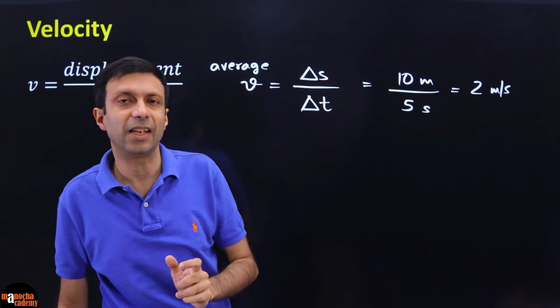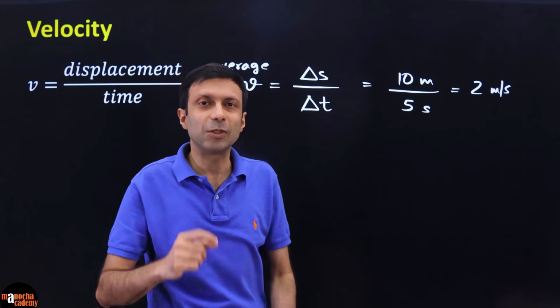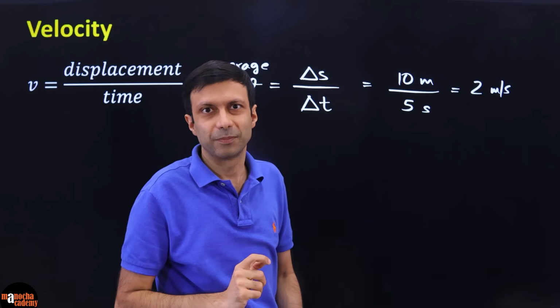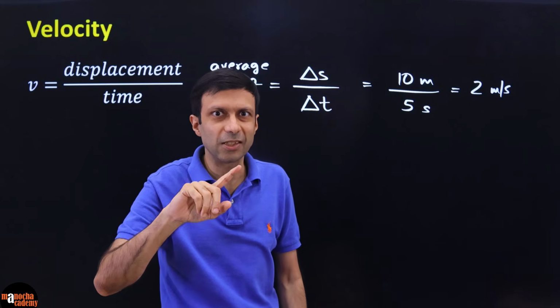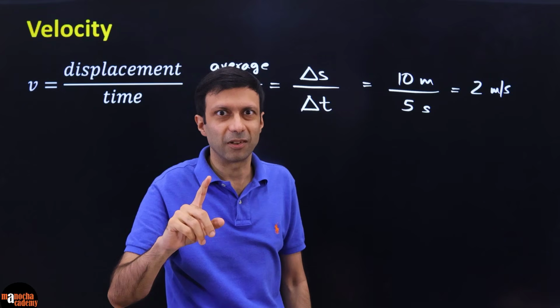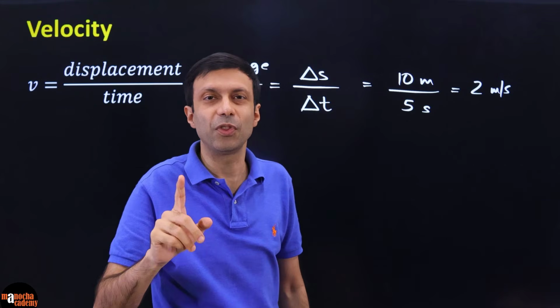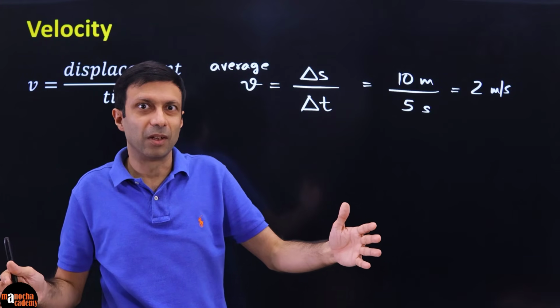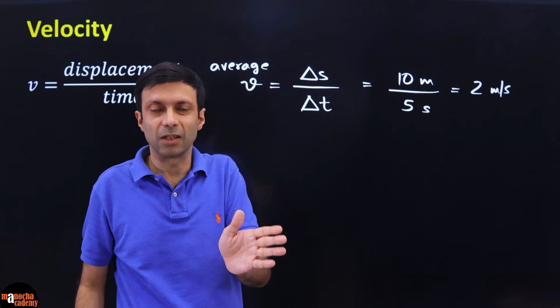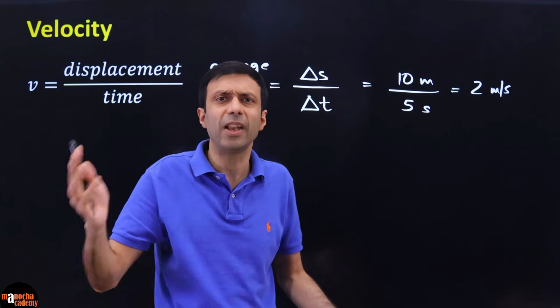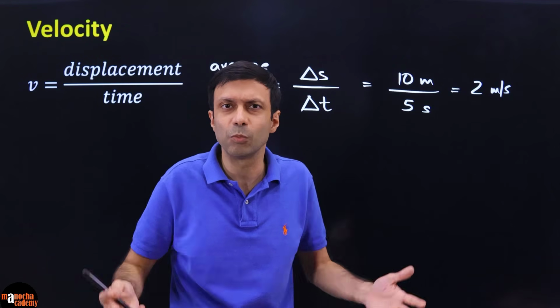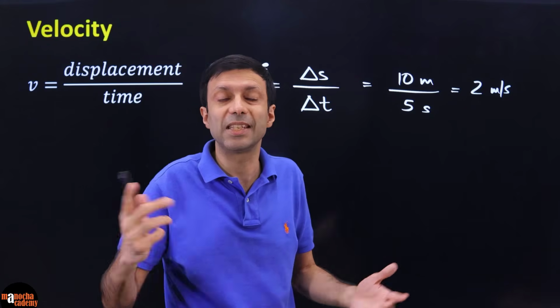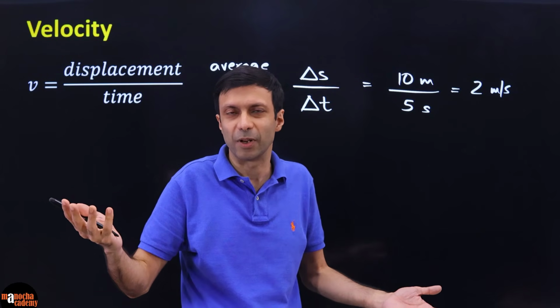But now let's say we want to find the speed at a particular instant. Like in the cars you have seen, there's a speedometer, right? So it shows the speed of the vehicle at that instant, not over an average time. Whenever you're looking at this speedometer, let's say the car is moving at a very high speed, or your bike is moving at a high speed, you will see it shows 60 kilometers per hour, 80 kilometers per hour.